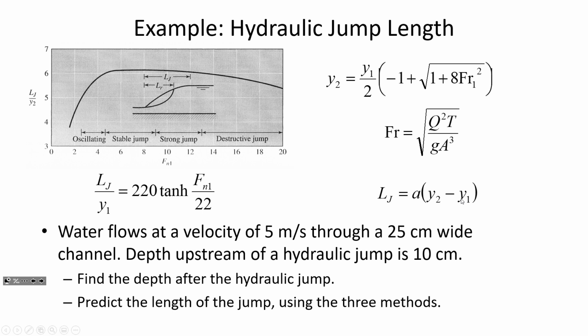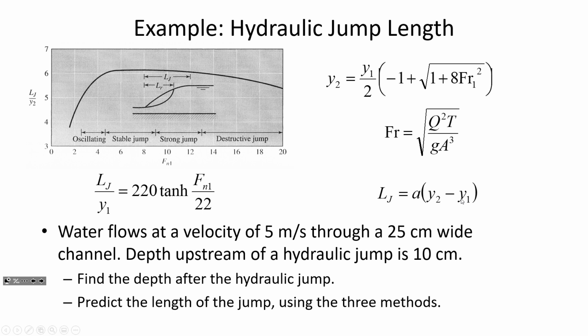We know that the channel is 25 centimeters wide, and the depth of flow upstream of the hydraulic jump, Y1, is 10 centimeters. We'll find, first of all, the jump depth downstream of the jump. We'll use the Bélanger momentum equation for that to find the depth downstream. And then we will approximate what the jump length might be by a couple of these different methods.